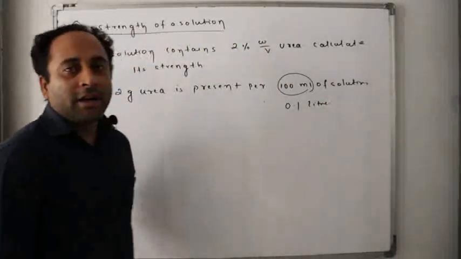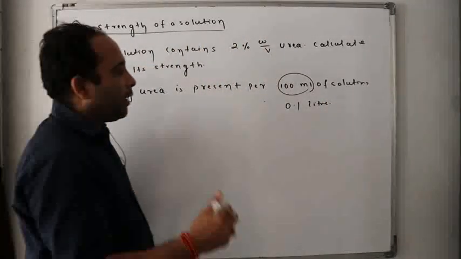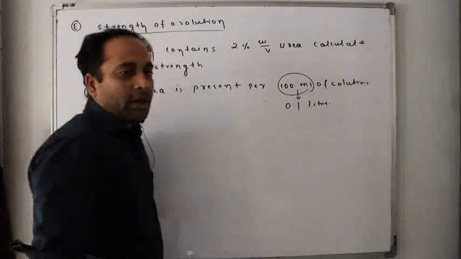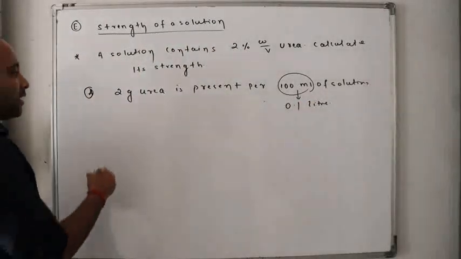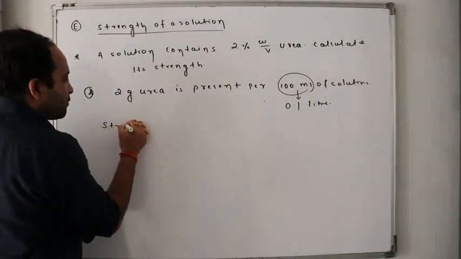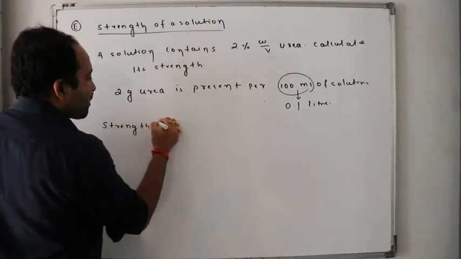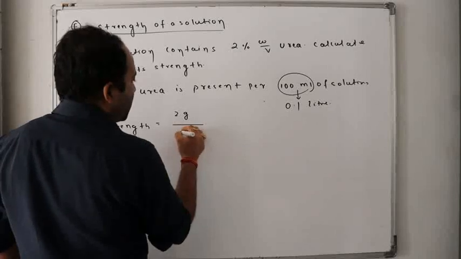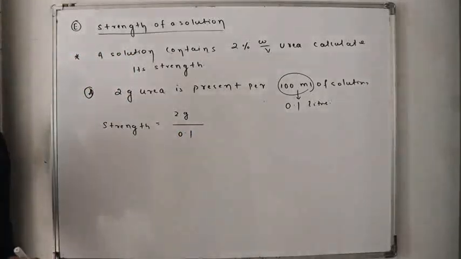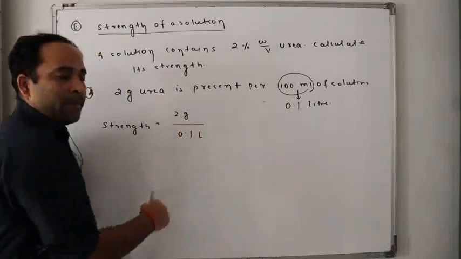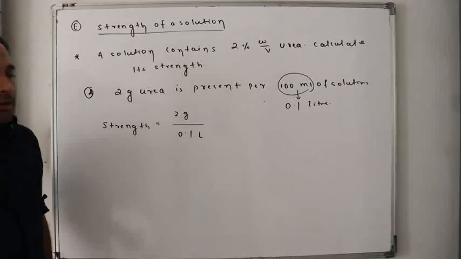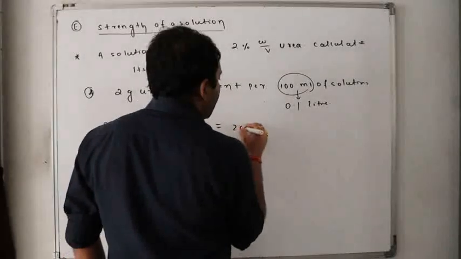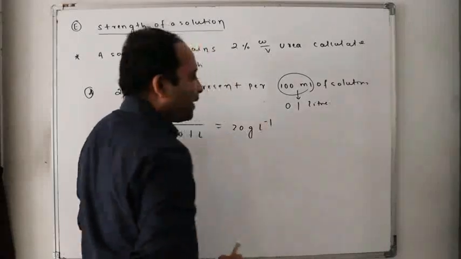Say so, 100 ml is how much? 0.1 liter. Yes or no? Now tell me, strength is equal to 2 gram per 0.1 liter, isn't it? 2 gram by 0.1 liter. How much will it be? It is 20 gram per liter.